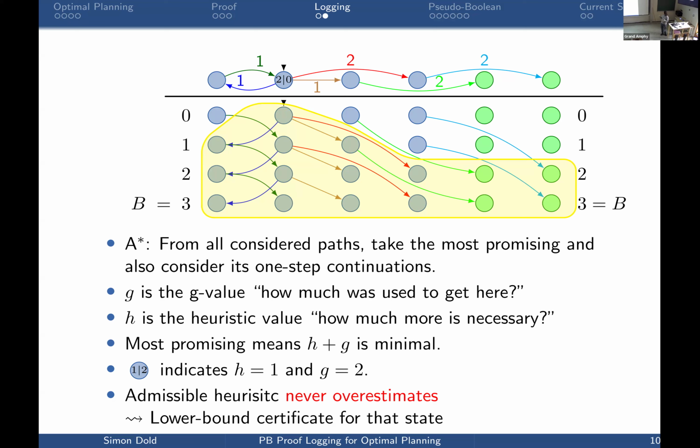Okay, and now this is our only considered path so far, so by definition it's the most promising one, and we look at its one-step continuations.